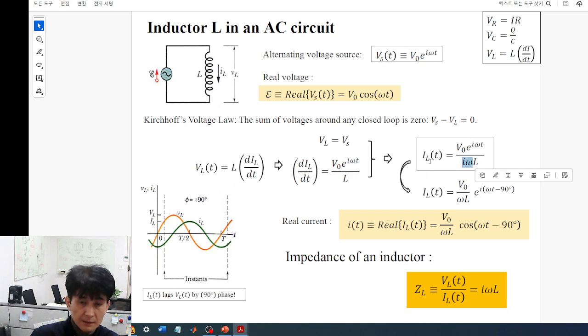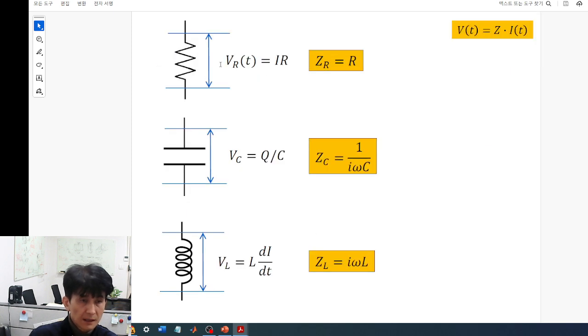So IL as a function of time should be like this. So we have this representation, and for the relation between VL and IL, if I take VL with this function V0 exponential i omega t, and IL as this function, then we have i omega L for the ZL. So these are the three parameters we have.